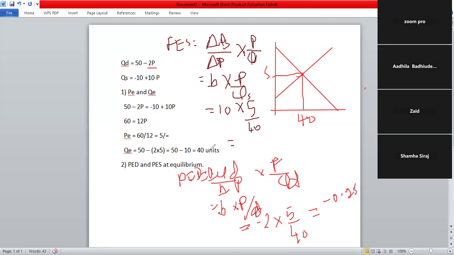Quantity 40. So 5 over 40 is 1/8, times 10 is 1.25. PED at equilibrium minus 0.25. PES at equilibrium plus 1.25. Okay.